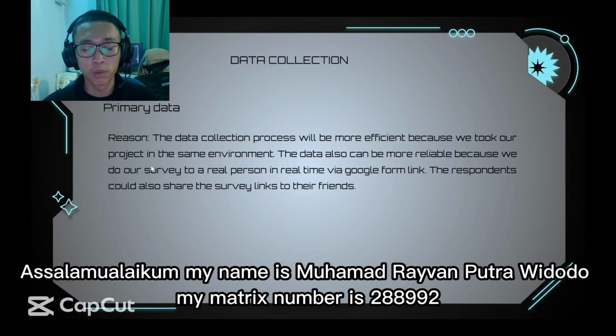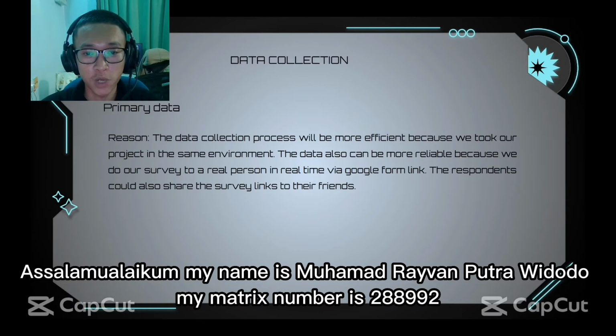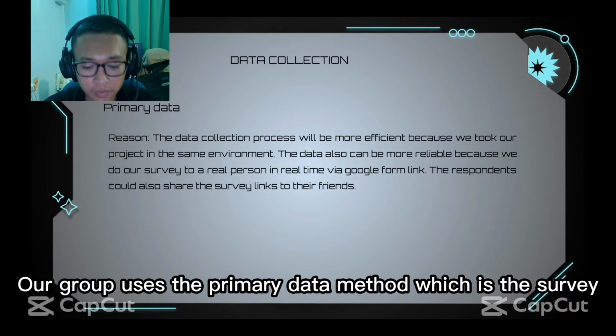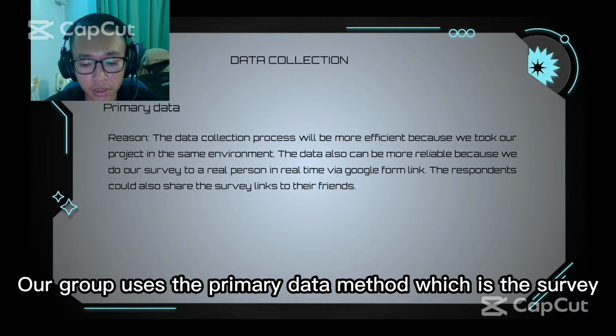Assalamualaikum warahmatullahi wabarakatuh. My name is Muhamad Rayvan Putra Widodo. My matric number is 288992. Today, I will explain about the data collection. Our group uses the primary data method, which is the survey.